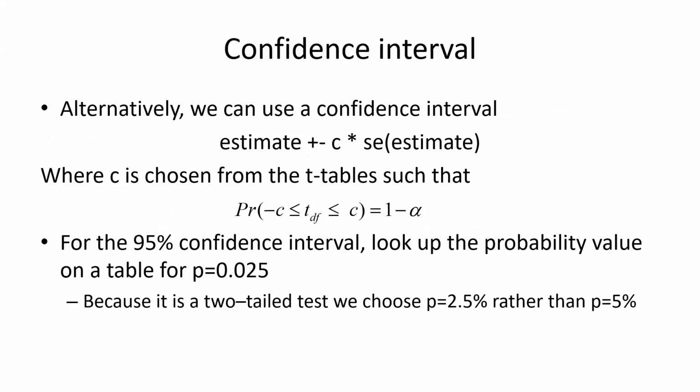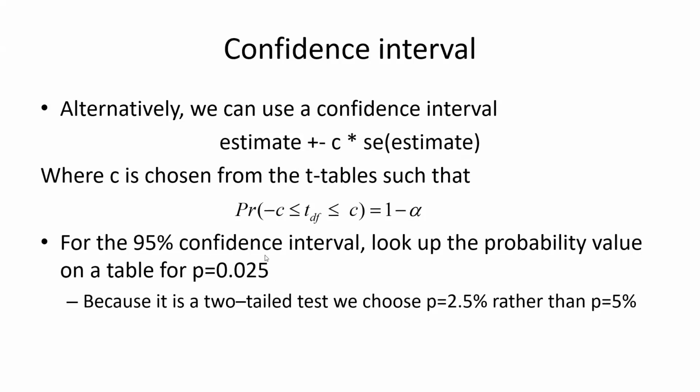Confidence intervals and hypothesis tests. We could have also used the confidence interval to answer the same question. So we use the estimate plus minus critical value times standard error. And we could look up the probability from a table.